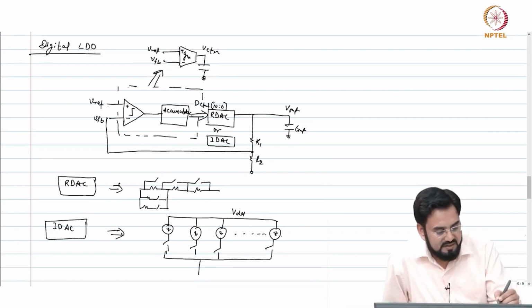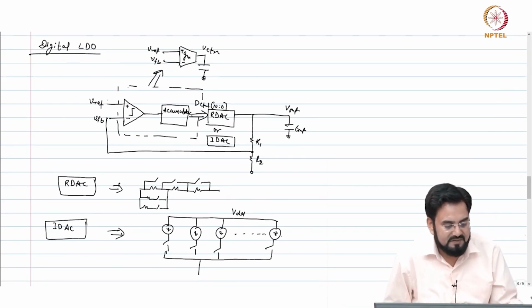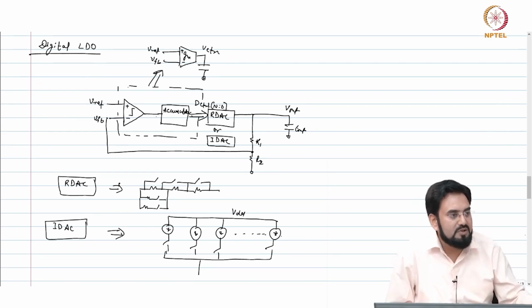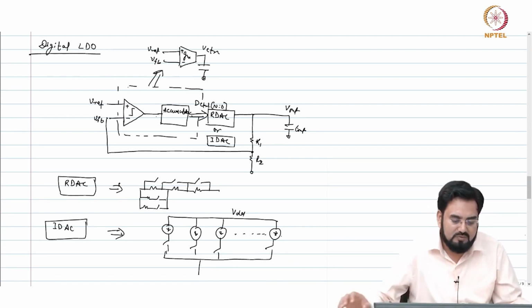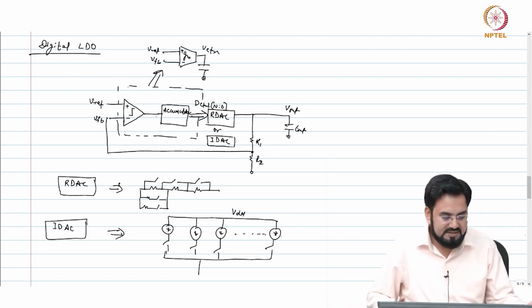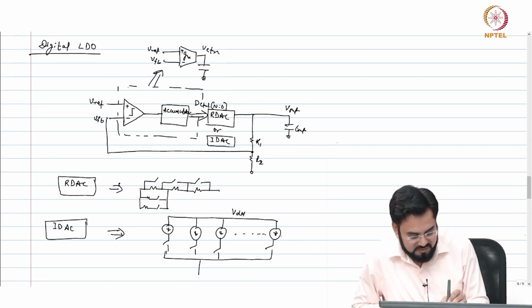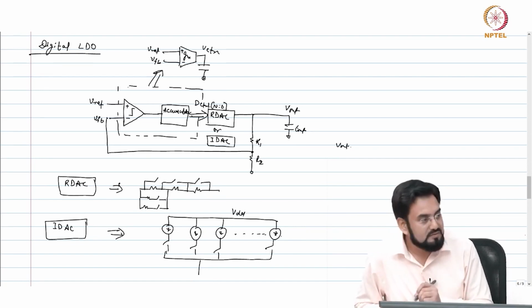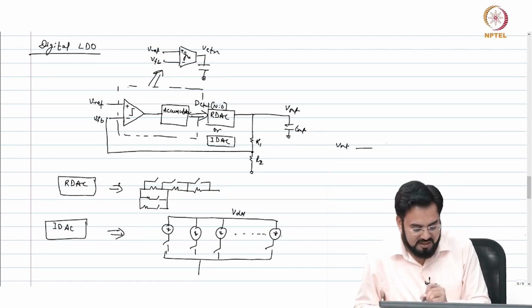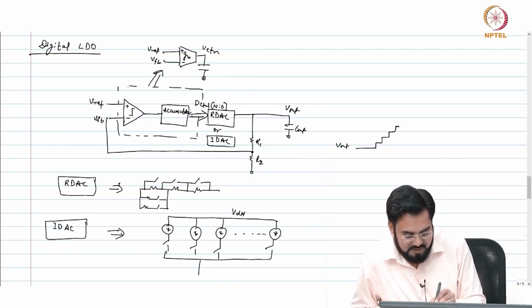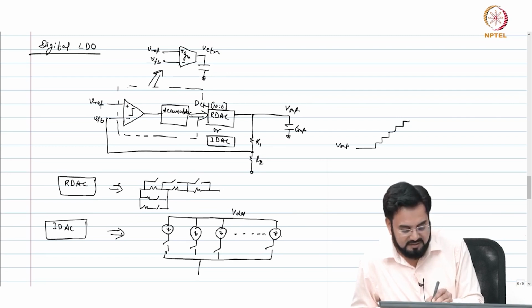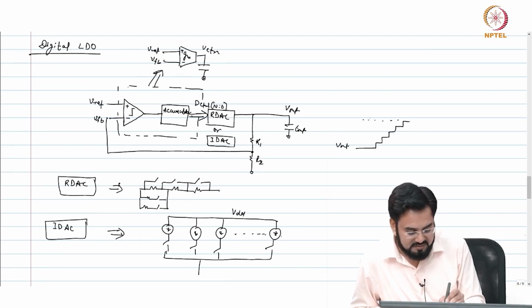So when your VFB becomes VREF, what will happen to the comparator output? Not zero, huh? So what will happen actually? Let's say you are starting with 0, your Vout is starting from 0, it will keep stepping up, and let's say my VREF is here somewhere.